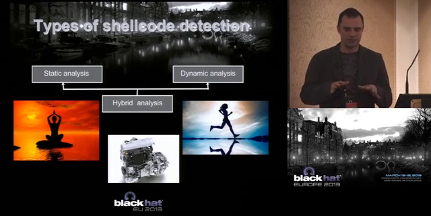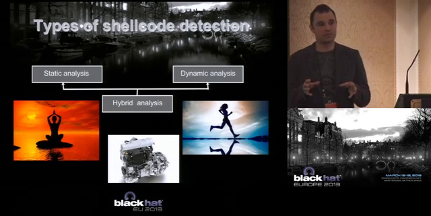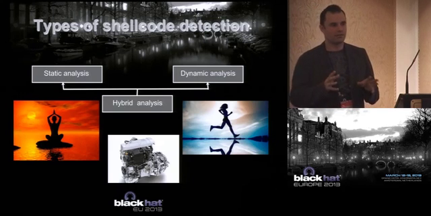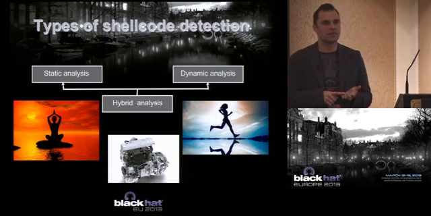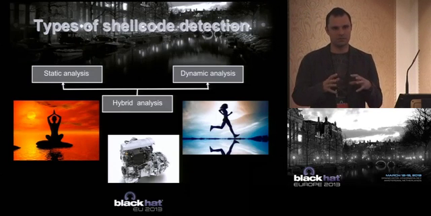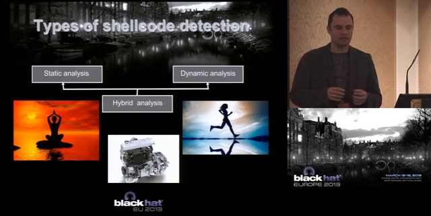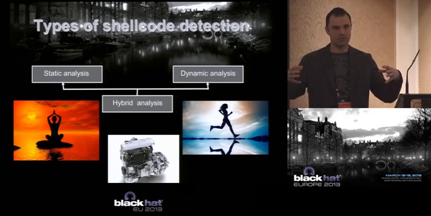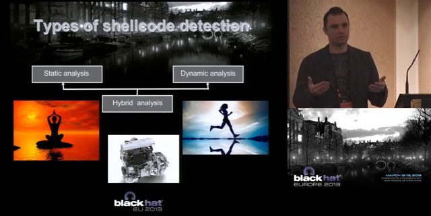And people try to detect this specific type of program in three ways. There are static analysis methods, there are dynamic methods, and hybrid combinations of both. Static analysis methods treat the data which they analyze as the source code of the program, for example, in machine code.